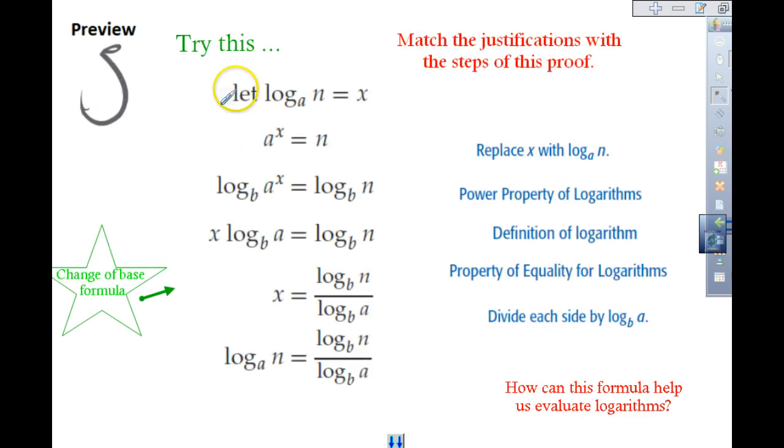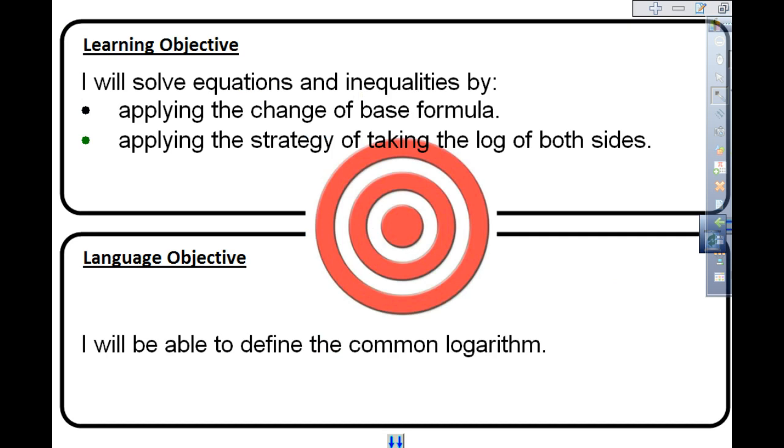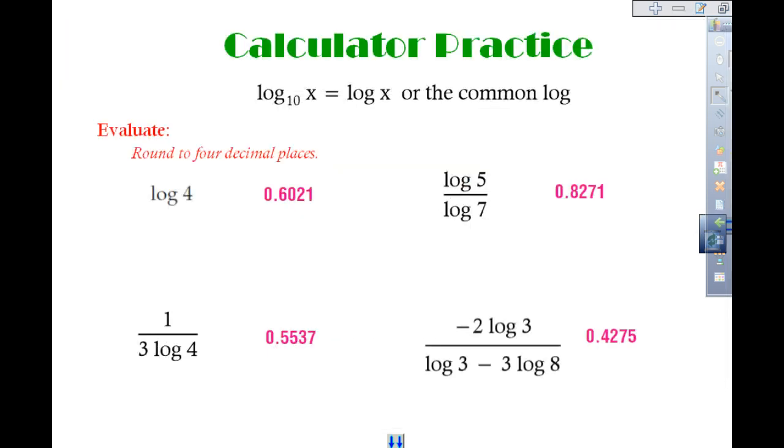All right, here's a proof for the formula I just introduced, where we can say the log of any number with any base is simply the log of that number divided by the log of that base. So that's the formula. Okay, let's move on. All right, so real quick, you want to verify on your calculator that you can do these calculations.